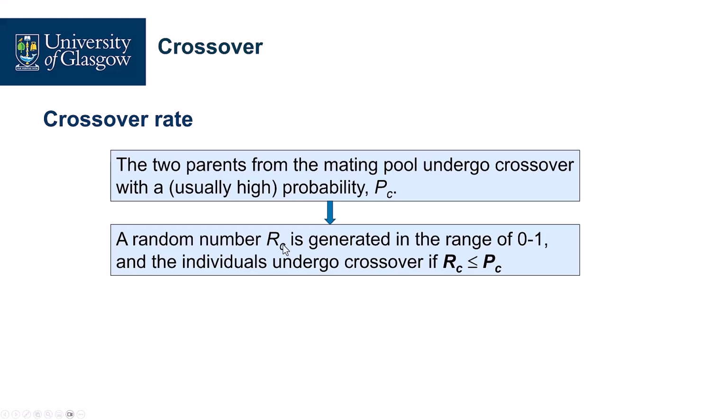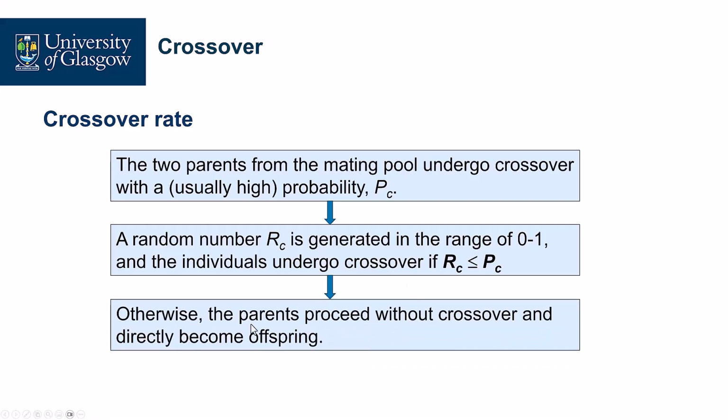If RC is smaller than or equal to PC, then we do crossover to these 2 parent solutions and generate 2 child solutions. Otherwise, we don't do crossover, and the 2 parent solutions themselves become the offspring solutions. Later I will show you an example. Normally we want to promote the crossover, so PC is often high, often from 60% to 90%.